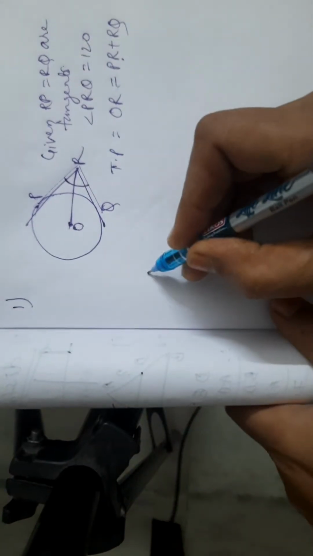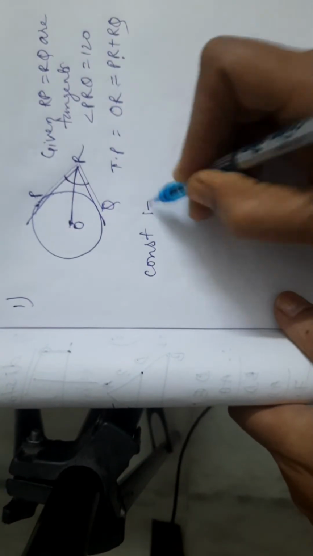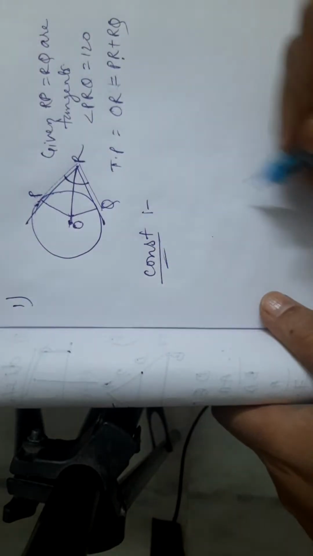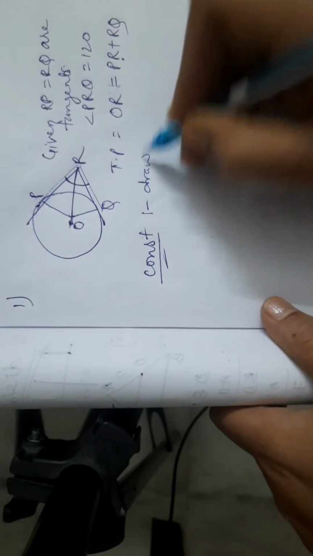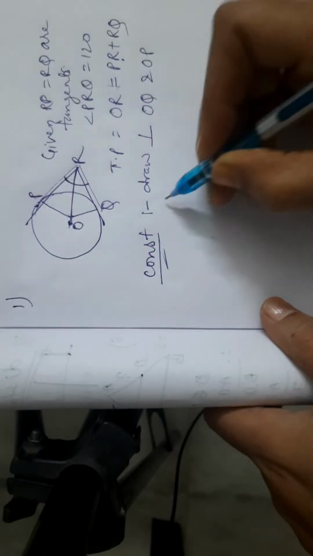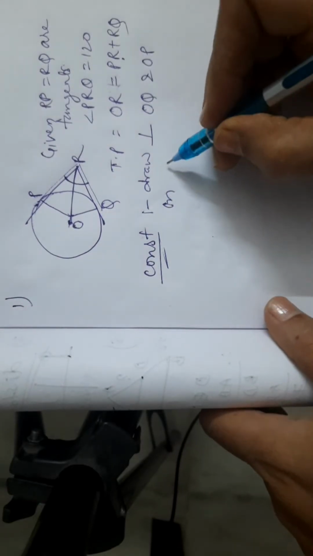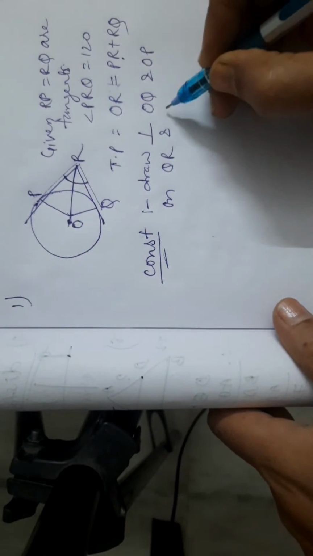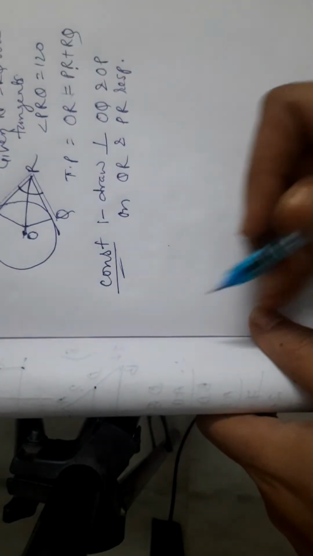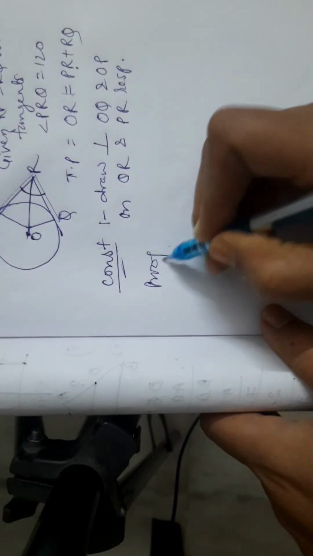We'll start with the construction part. In construction, we are going to drop perpendiculars on the tangents. So here, draw perpendiculars OQ and OP on QR and PR respectively. Now the proof.